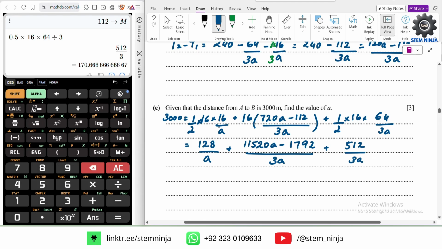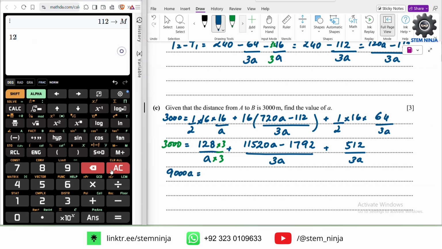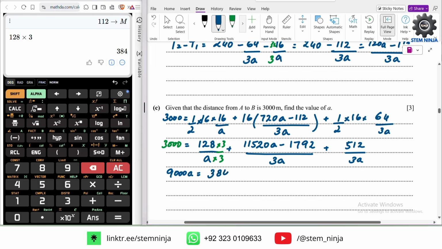The only one that does not have 3a is this one. So we can multiply this and equals 3000. Now we multiply 3a on the other side, so this becomes 9000a equals 128 times 3, 384, plus 11520a minus 1792 plus 512.